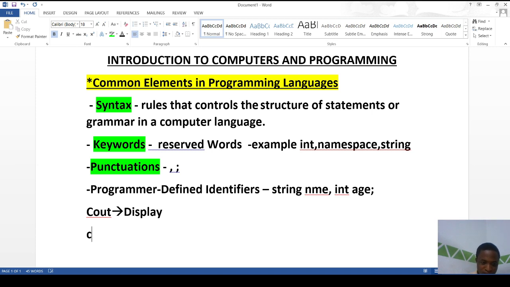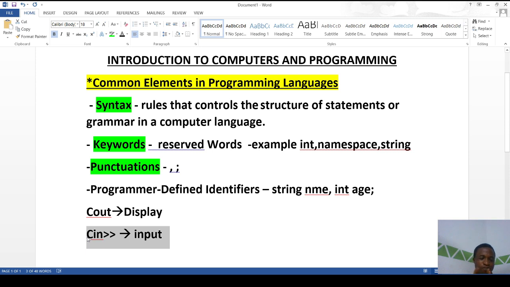And then cin, and they use these two symbols. It means input. When you are writing software, there are two things that you intend to achieve: either you display information for your users to use, or you let your users input information for you.